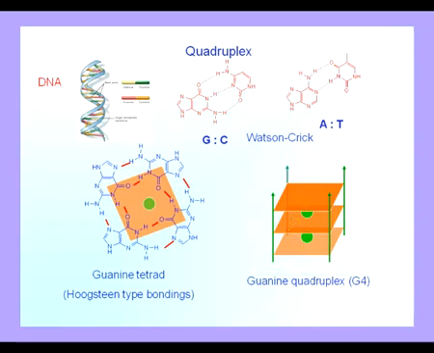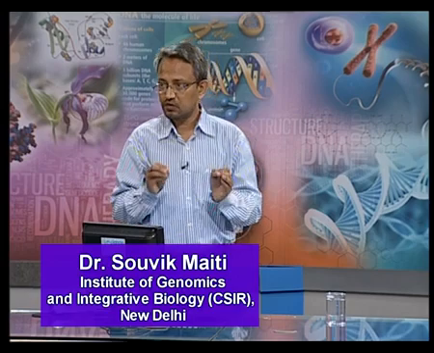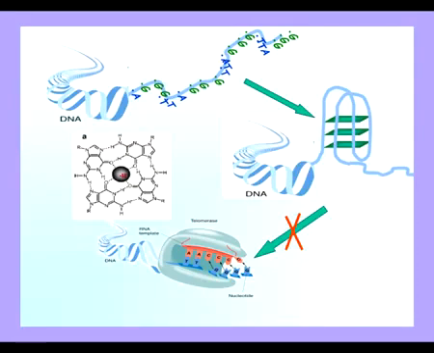So, what is my primary requirement? I have to have guanines consecutively for a few stretches, at least four stretches in the DNA, so that they can come closer and give you a four-stranded DNA structure, known as a quadruplex. Again, it is not a usual structure, it is an unusual structure. It forms in the body in several places. We have done extensive research to understand computationally where there is a probability of forming this kind of structure.